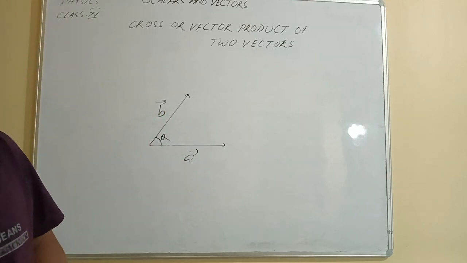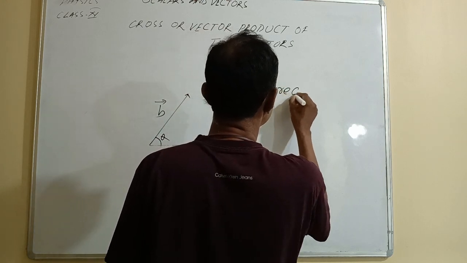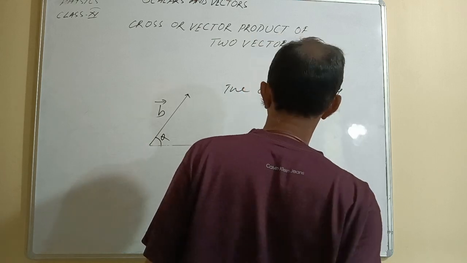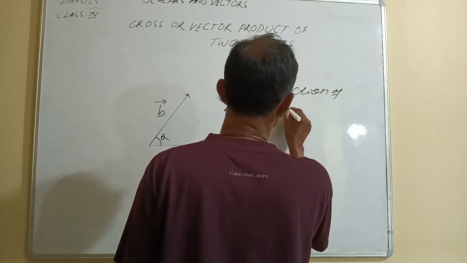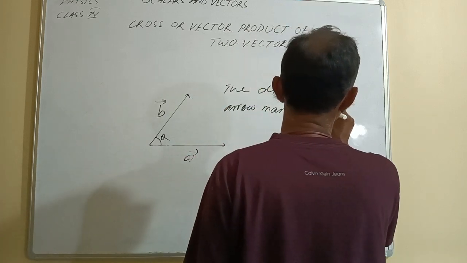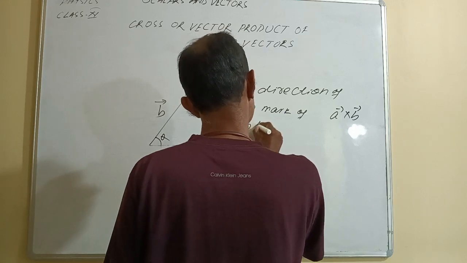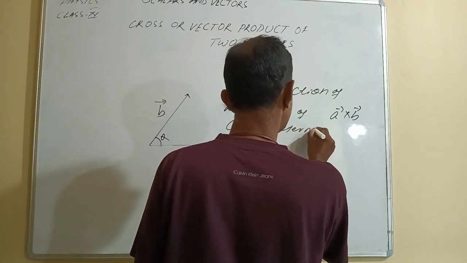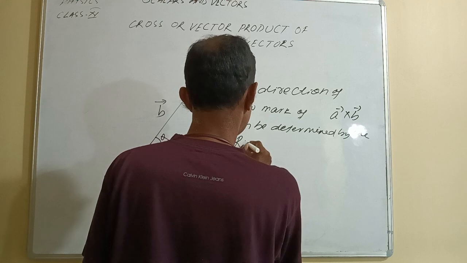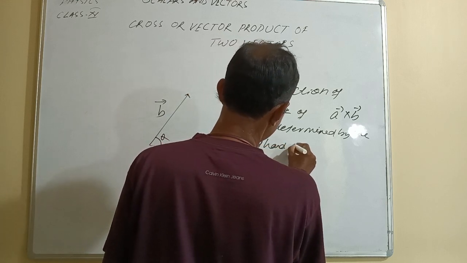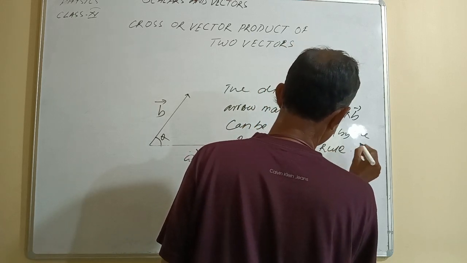So I can say that the direction of the arrow mark can be determined by the right hand palm rule. Okay.